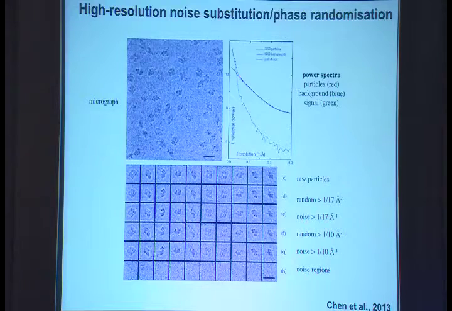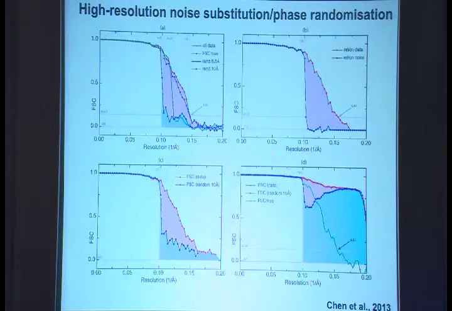So if you want to claim, for example, 10 angstrom, then you randomize beyond 17 angstrom and see if the signal is true. Or if you want to claim 5, then you randomize around 10, and then you see. Then you refine both these randomized particles and the raw particles, and you get curves like this.